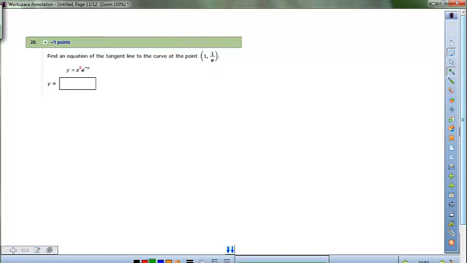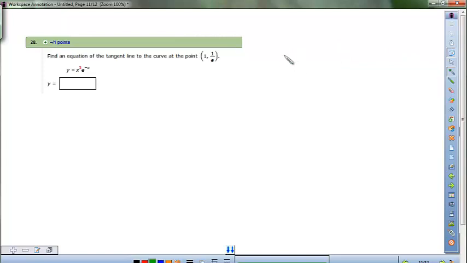This is a tangent line problem. So let's take a look at this tangent line problem. It says you have an equation, find an equation of the tangent line at the point 1 comma 1 over e. So the first thing we need to do is think about the tangent line.